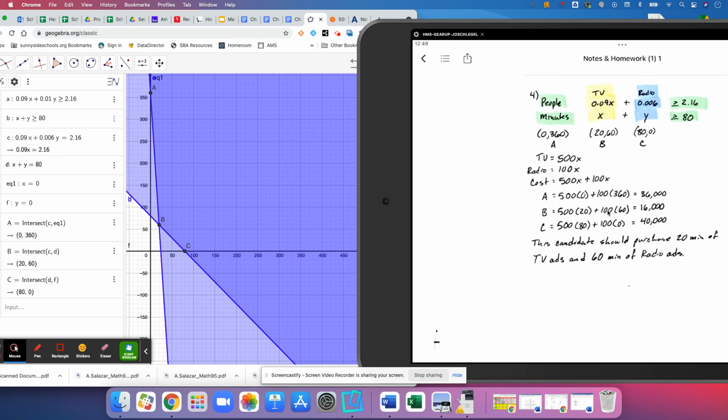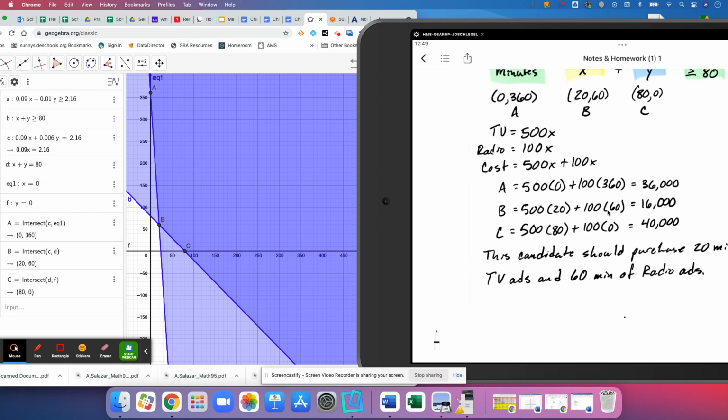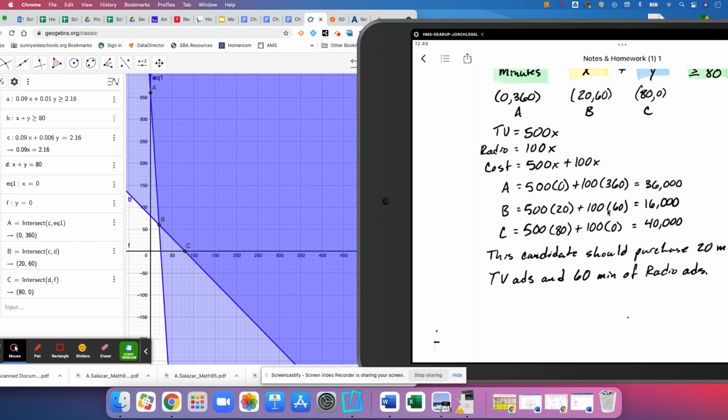A terrible way to go about that, everyone, would be, hey, let's just do it and see what happens. If this person just did it and saw what happened, they would be spending $24,000 more than they needed to get the exact same result.